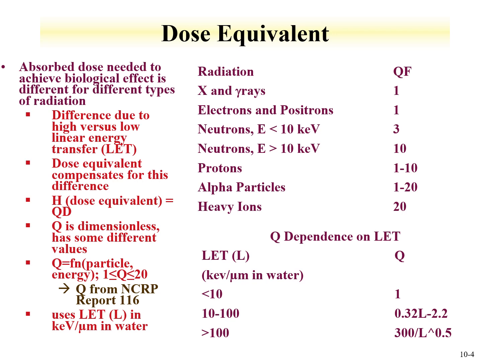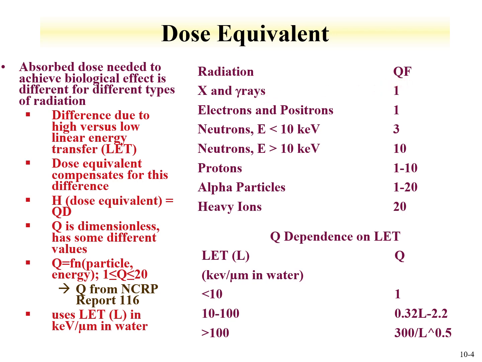There's some information about what Q should actually be from the NCRP report that's listed here, the National Council on Radiation Protection. The data that's shown here defines the Q as a function of the type of radiation. So photons, X and gamma rays, have a quality factor of 1.